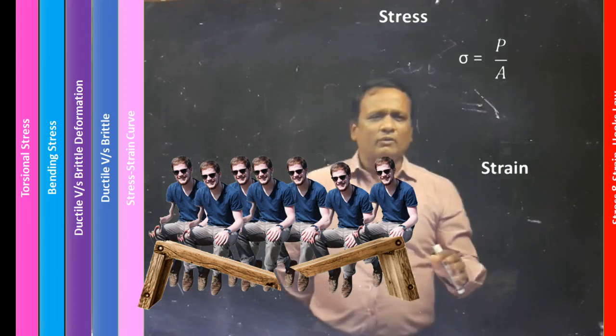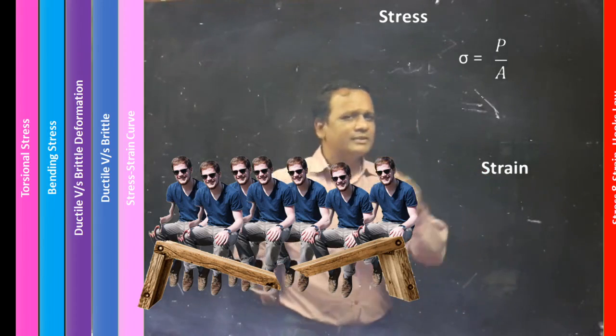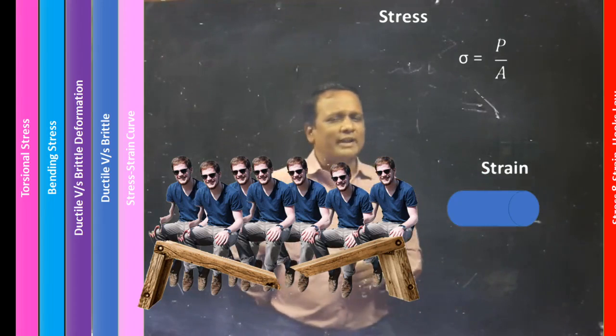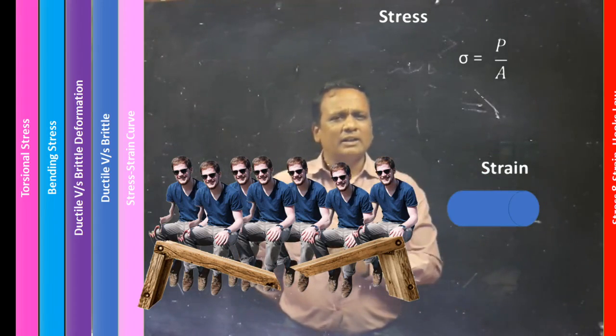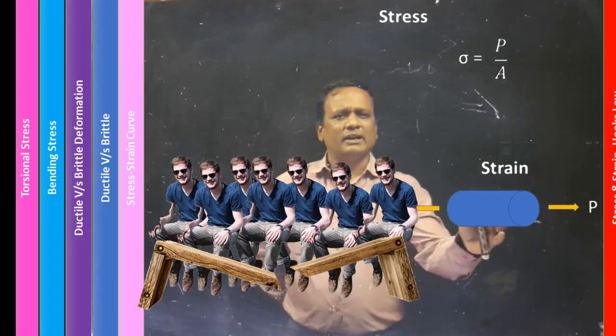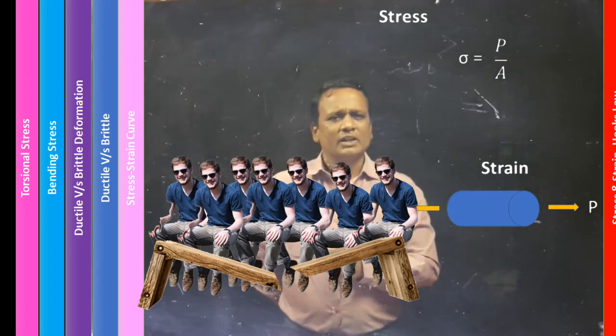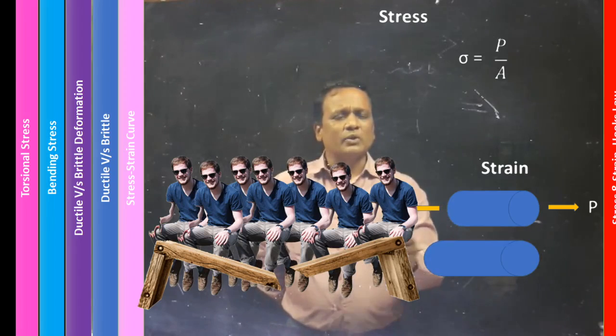Next, it is very important to understand what strain is. I will take up a small example, considering a bar, and apply a tensile load on either side. Doing so, the bar undergoes deformation.